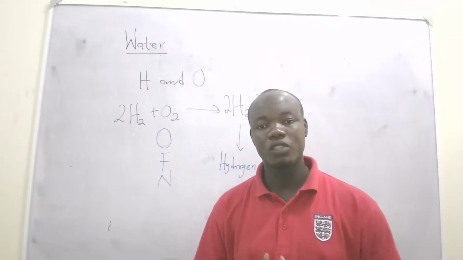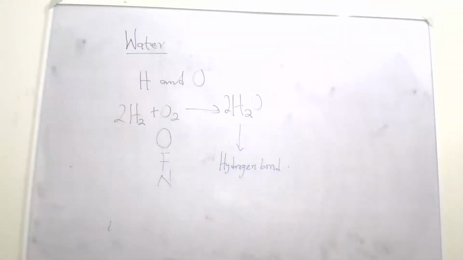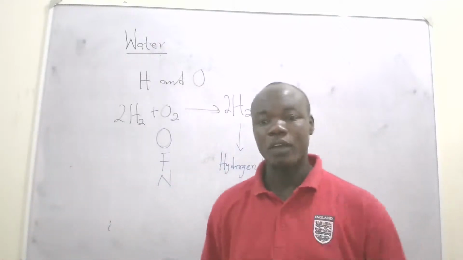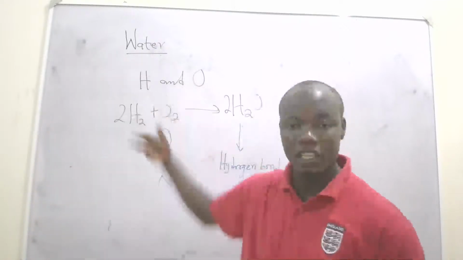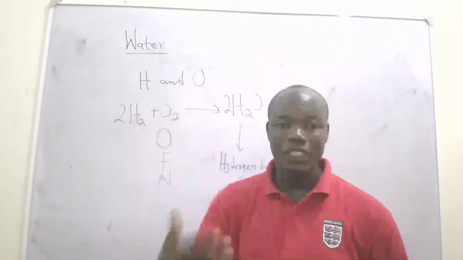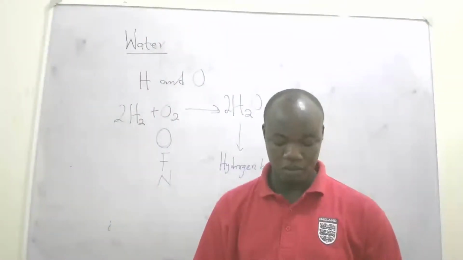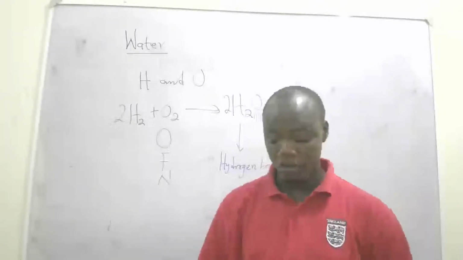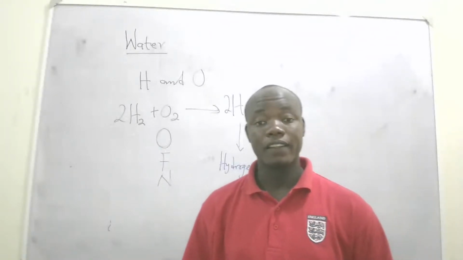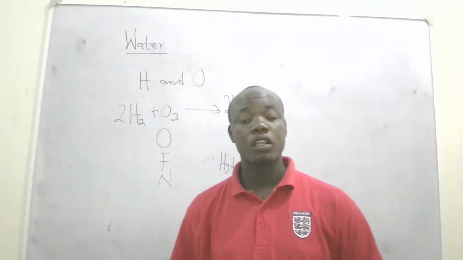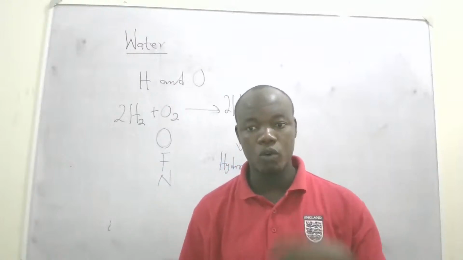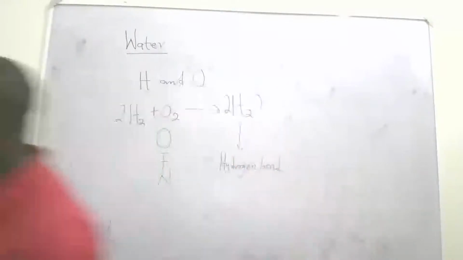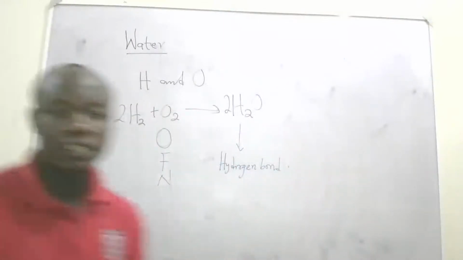So now the question is, we are talking about water. So why is it that we are doing biochemistry, but now we are talking about water? What is the importance of water in a living organism? The importance of water in living organisms is that a large percentage of the body system is made up of water.